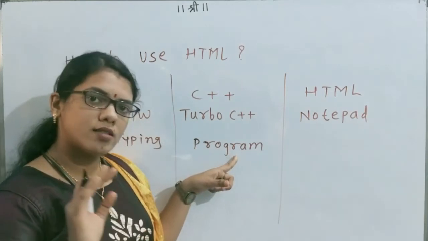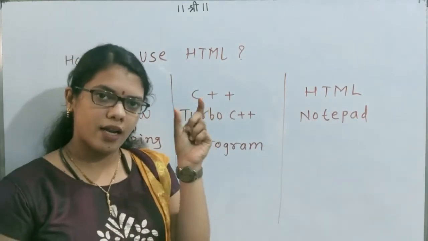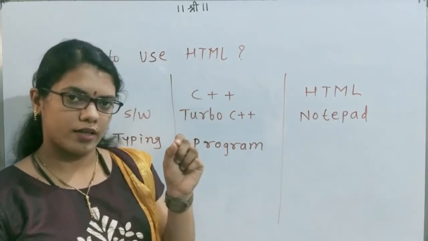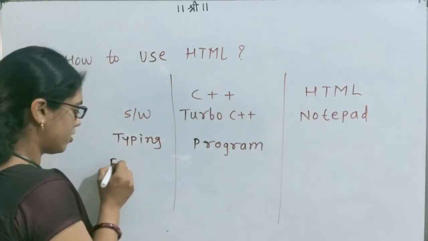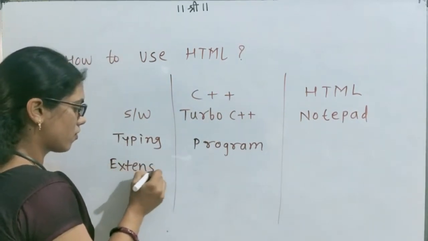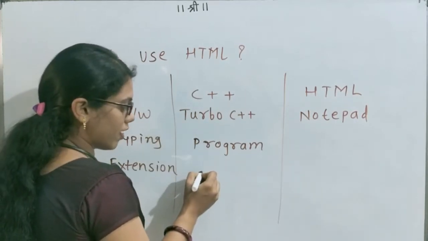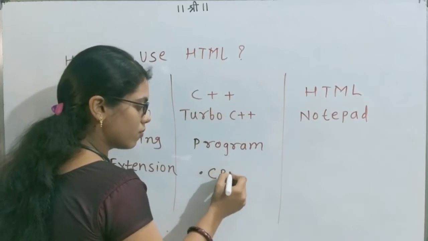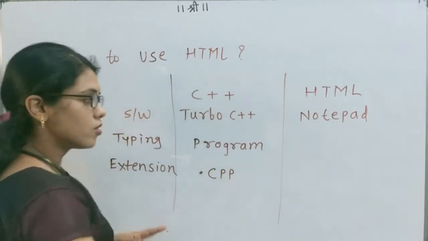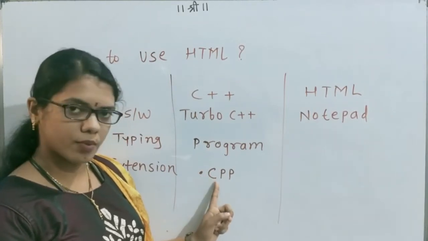After that, we save our C++ file by giving the required name of the file dot its required extension. The extension for a C++ file is .cpp, so the extension for C++ programs is dot cpp.